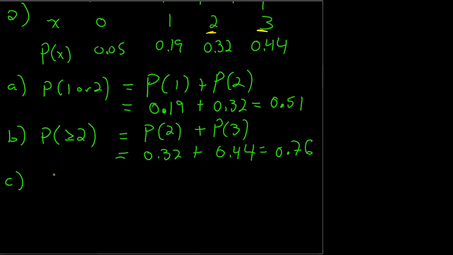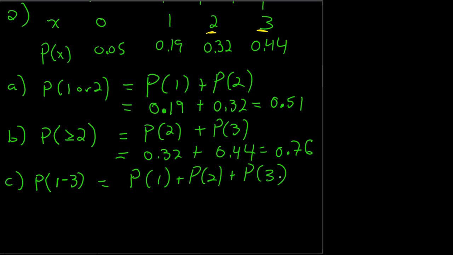For part C, it says find the probability of randomly selecting a household that is between 1 and 3. So, okay, between 1 and 3. And it's saying inclusively. So that's the probability of 1, the probability of 2, and the probability of 3. Well, there's an easier way of looking at this, which is, hey, you know what? 1, 2, and 3 is everything but 0.